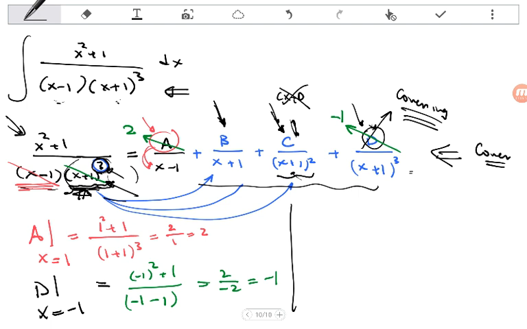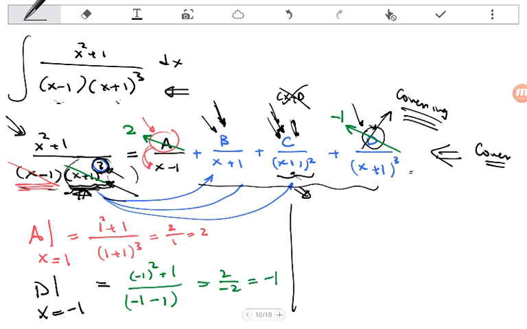Instead of all these, I will just get two equations by substituting two values for x. This is sufficient for me. The substitution method will be easier.